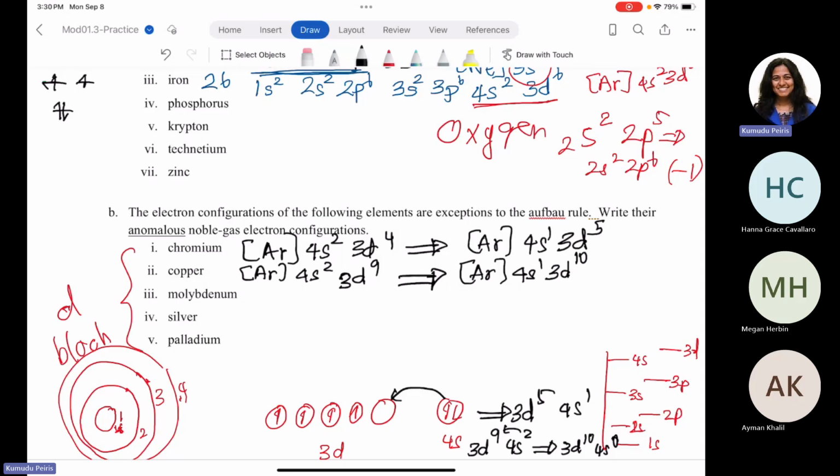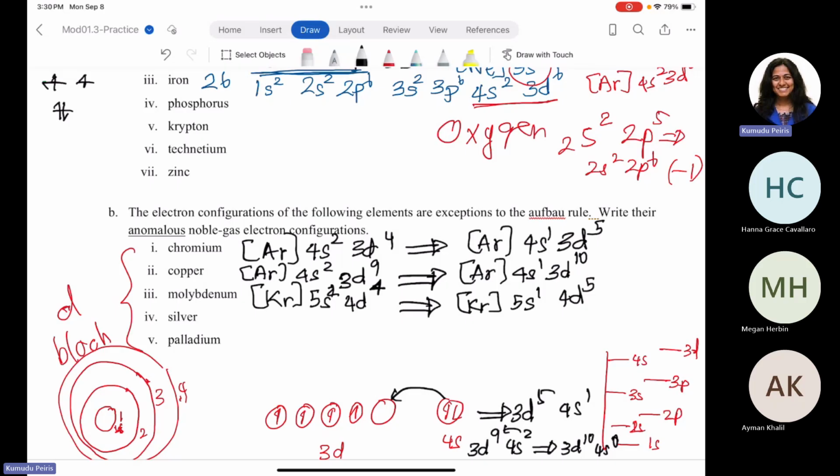Again, with molybdenum, we have krypton 5s2 4d4. It will be rearranged to 5s1 and 4d5 like that.